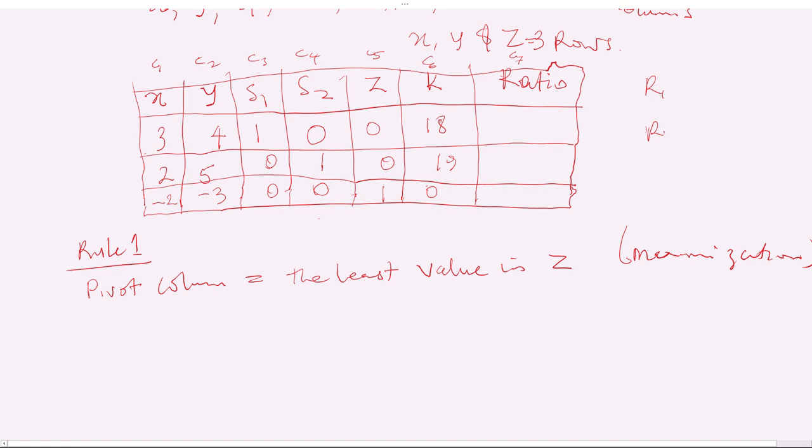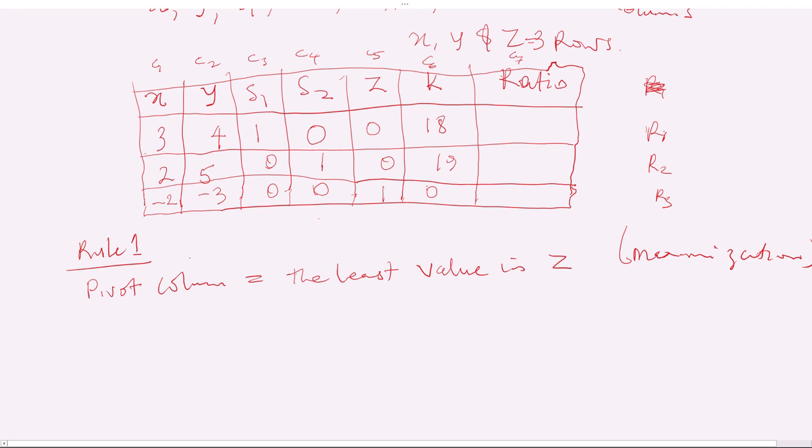Let's say this is row 1, row 2 and row 3. Those are the three major rows.